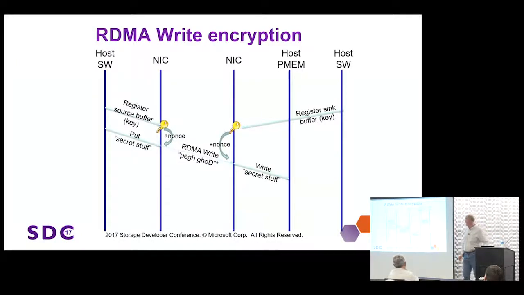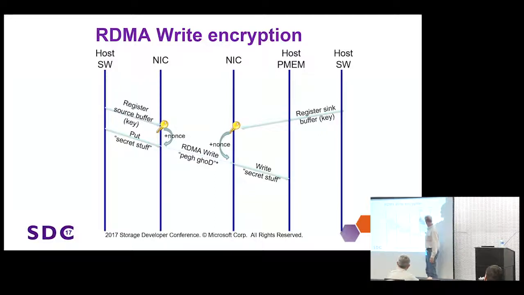And this is just a little picture of it. It shows registering the source buffer with a key. That key is stored in the NIC. A nonce, which I'll mention in a minute, is used to encrypt a string, secret stuff. It goes over the wire in encrypted form. That same key, plumbed by the upper layer over here, is used to decrypt it with the same nonce.